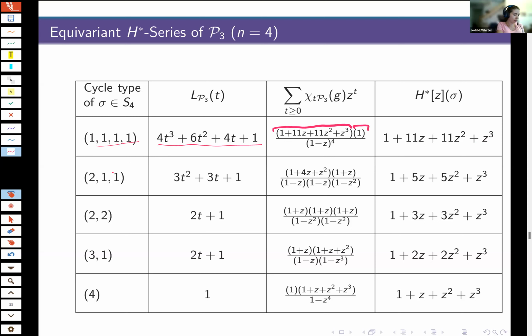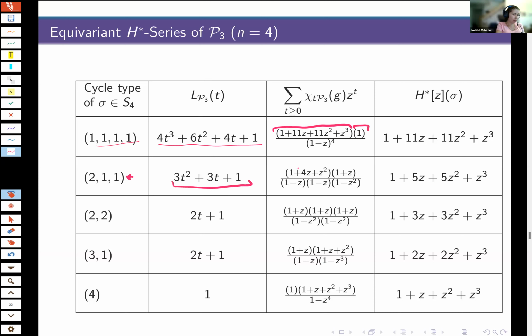As I start breaking up my permutations into different numbers of cycles, like here, where I've got 3 cycles, my polytope is the n equals 3 case, and we saw that this was the Ehrhart polynomial for that one.